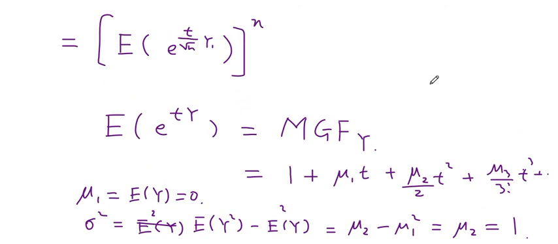Here we replace t by t over radical n. So we find this equals 1, plus mu 1 t which is 0, plus mu 2 which is 1, so half, and t becomes t over radical n, so this becomes t squared over n, right?